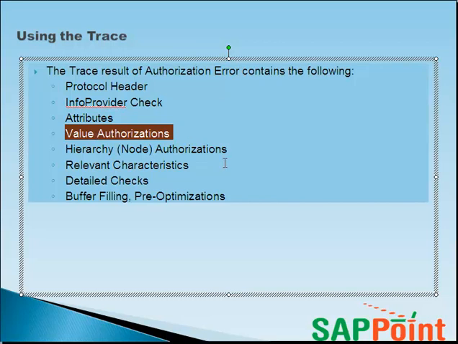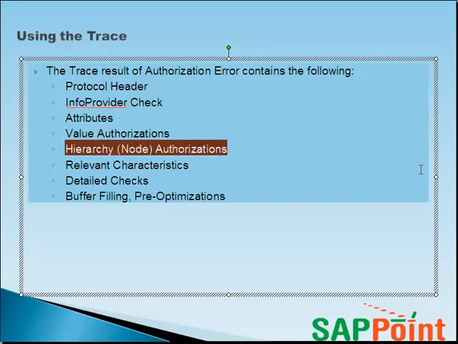So the next block in the trace log will be about hierarchy authorizations. Here, the list of authorized nodes is given together with some more technical information on the authorizations, such as authorization type, level, validity scope, together with information on the selected hierarchy itself.